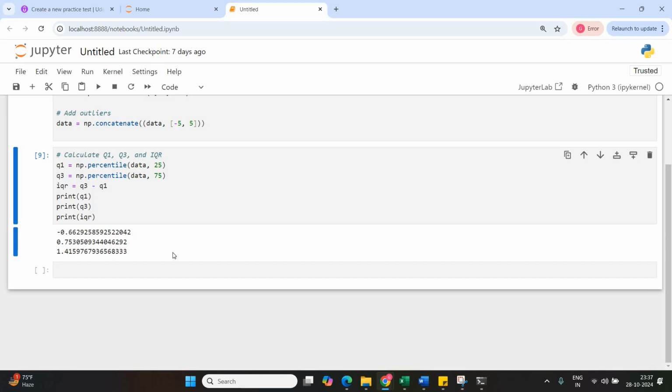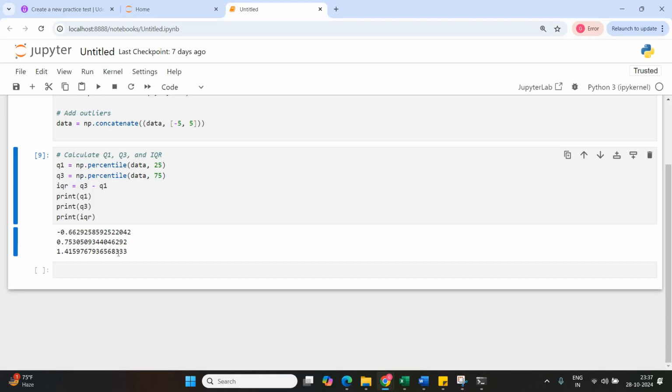So interquartile range is basically some kind of point on your data plot, whatever you are plotting, and that shows you the vicinity, right? I mean, the distance after which you need to consider some of the points as outliers, right?